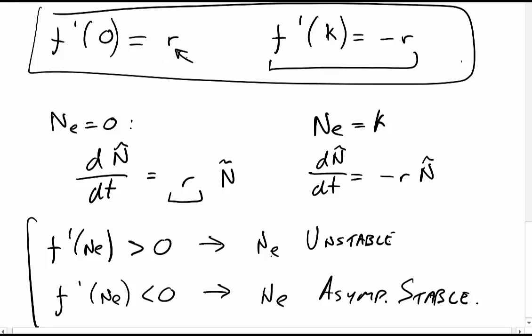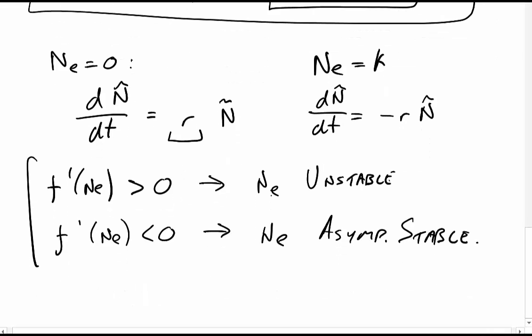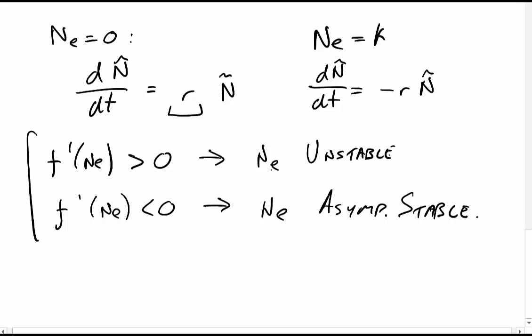So if we just consider r to be some positive value, because fairly obviously it will be some positive value, then I end up with a positive value. So therefore, when ne equals 0, I get this case, it's unstable. Yeah, my equilibrium point is unstable.